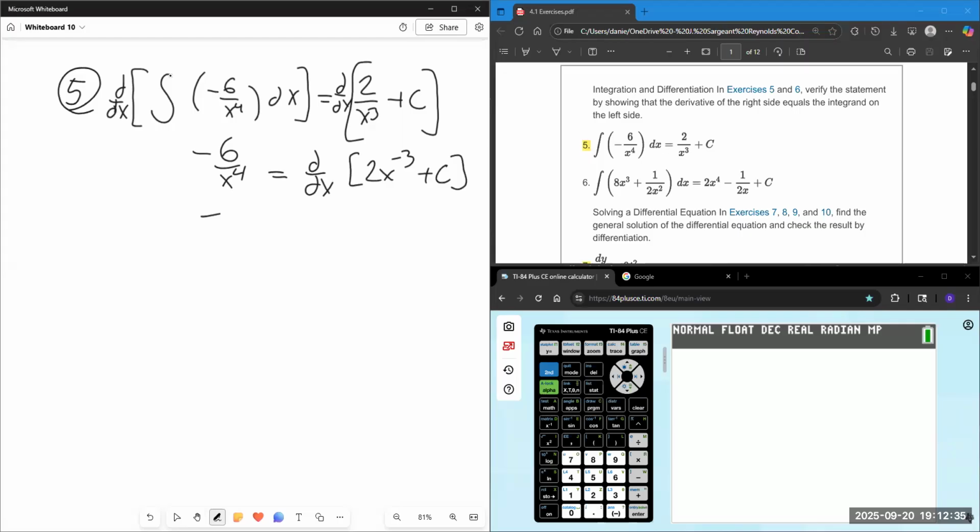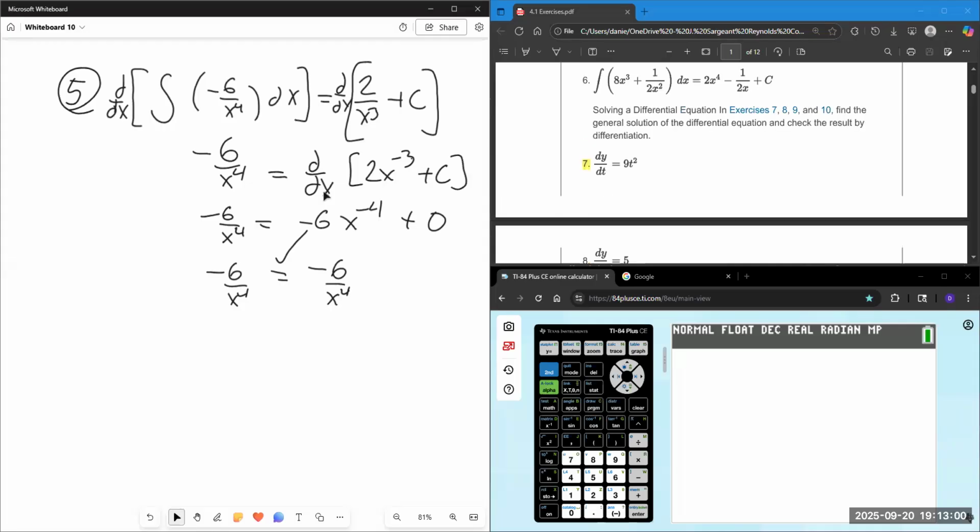So let's see if negative 6 over x to the fourth is negative 3 times 2 is negative 6. Drop the exponent by 1. Derivative of a constant is 0. Negative 6 over x to the fourth is equal to negative 6 over x to the fourth. And we have verified that that integration is correct.